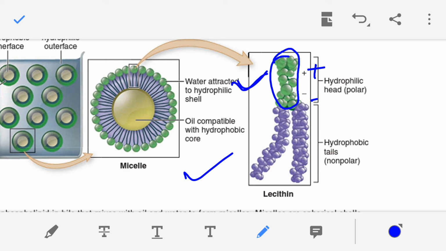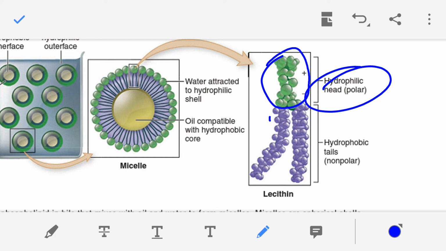This is the polar head, and this head is hydrophilic, means this head is towards the water, and this purple color part is hydrophobic. That means it is non-polar and it is away from the water, and this hydrophobic tail attaches to the oil surface.